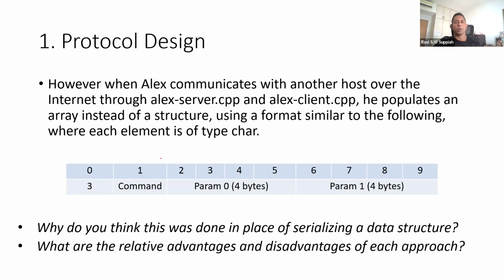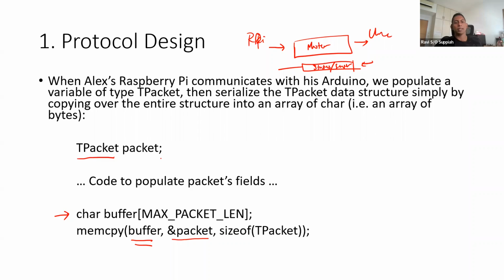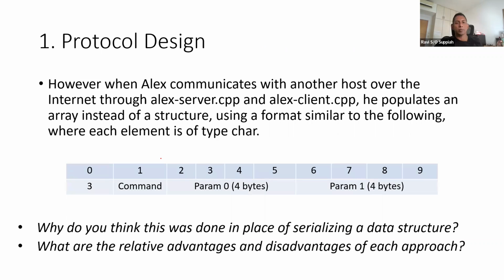When I communicate directly between the RPi and Uno, I use this approach. Whereas when I want to communicate over the internet, which is what you're going to be doing, we are going to populate an array instead of a structure, where each element in the array is a character type.